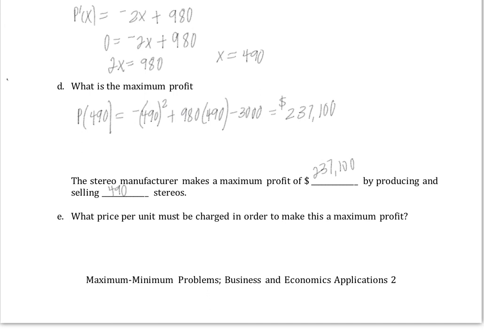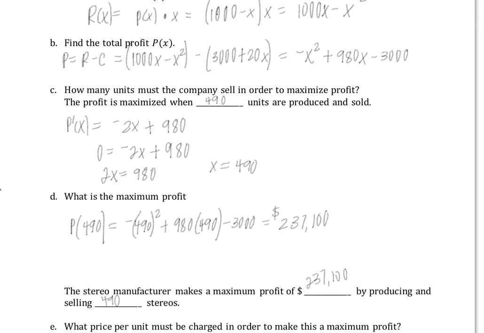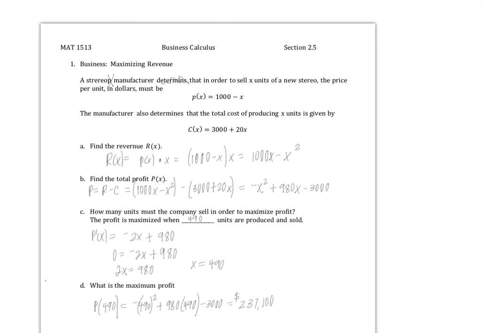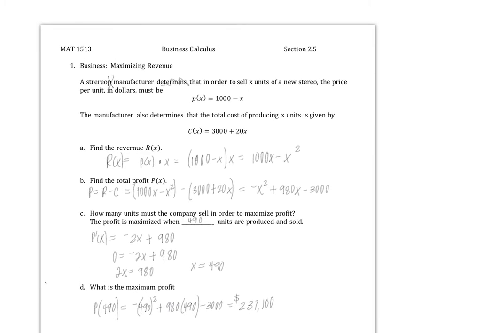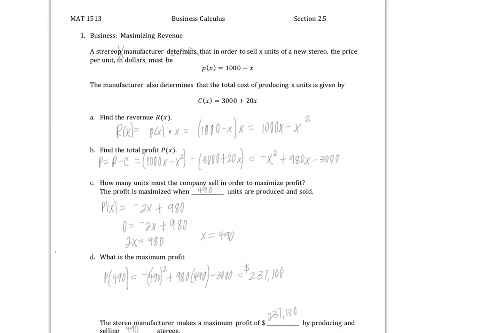And that's like, well, have I already been asked that question? Wouldn't you just plug the 490 into the original function? Yes, but which original function, right? Earlier we plugged it into the original profit function because it was looking for a profit y value.